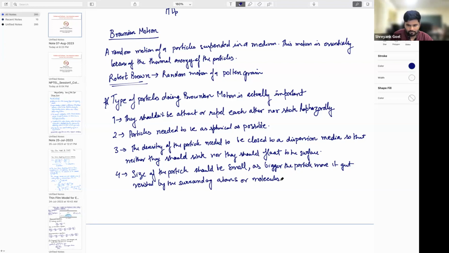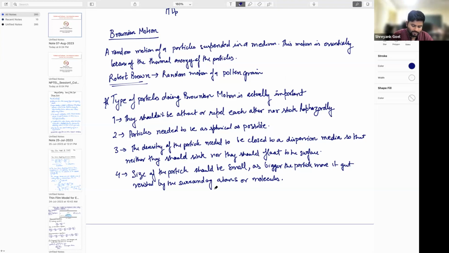So Brownian motion is essentially used to calculate the diffusivity. If this motion is slow, then it needs weeks to get the data.